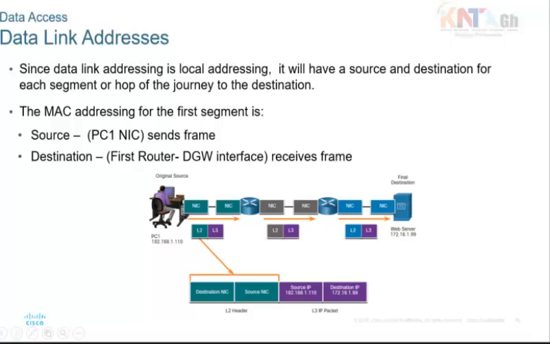Now, if this router wants to send that information, what will it do? It will encapsulate the frame with the information of the next hop. And when it encapsulates it, we call it a packet before it can send. So layer 2 has a destination network card and a source network interface card.